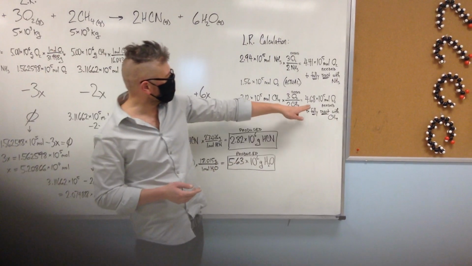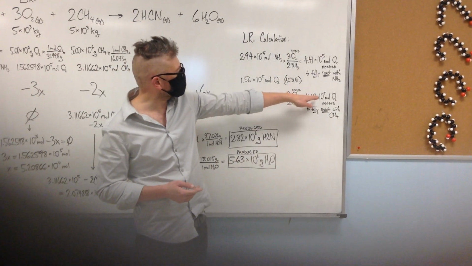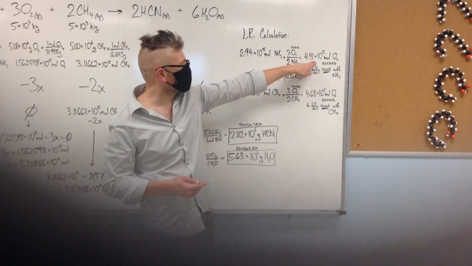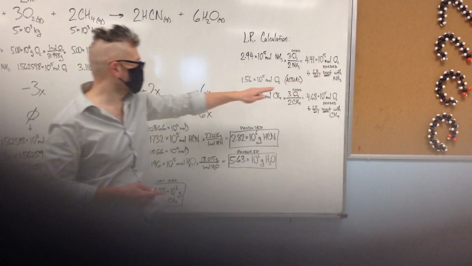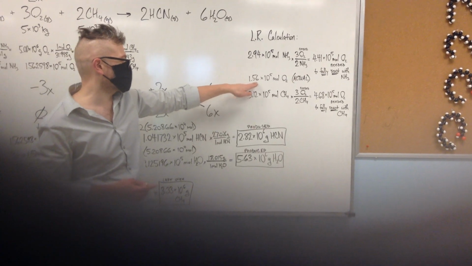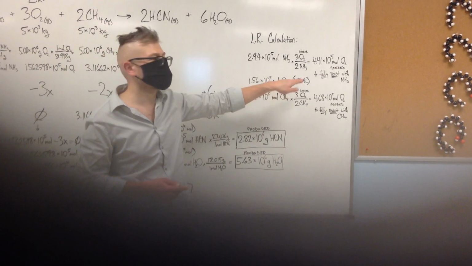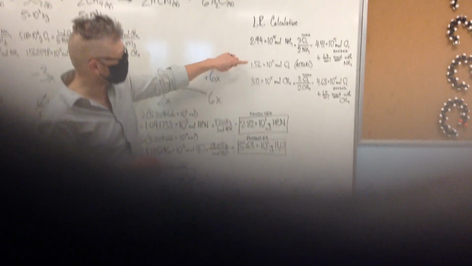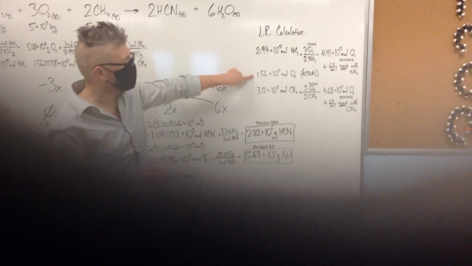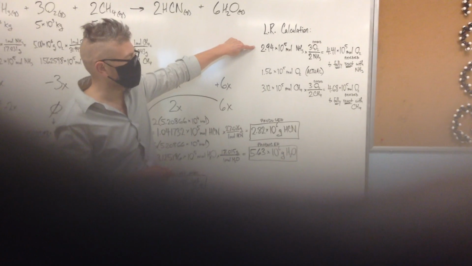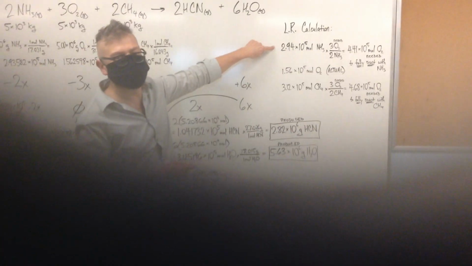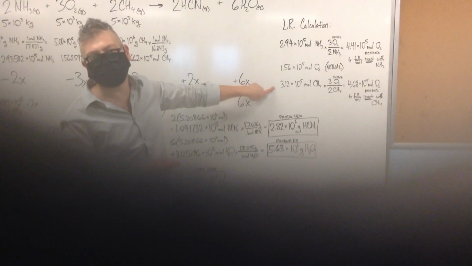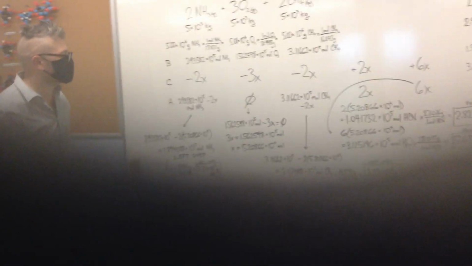So you can clearly see that here 4.68 times 10 to the 5th is larger than 4.41 times 10 to the 5th, which is clearly larger than 1.56 times 10 to the 5th moles of O2 that I actually have. So what does this information say? This tells us O2 will run out first, and NH3 would run out second, and CH4 would run out third. But it's the limiting reagent that we really need in order to do the calculation.